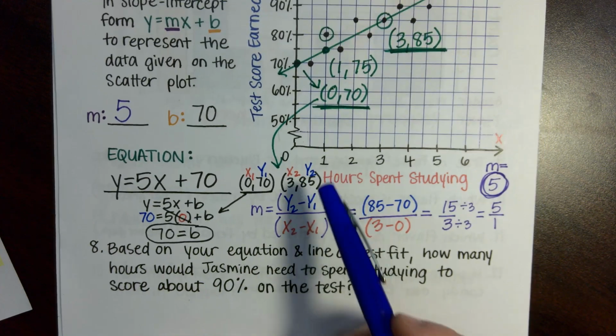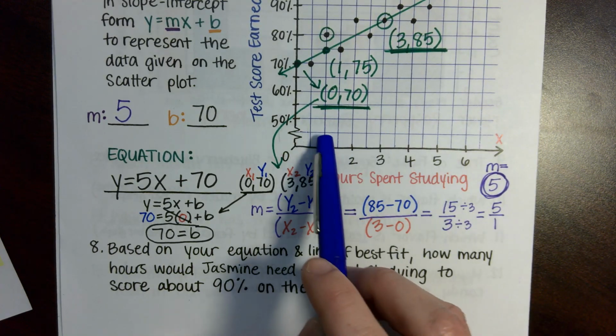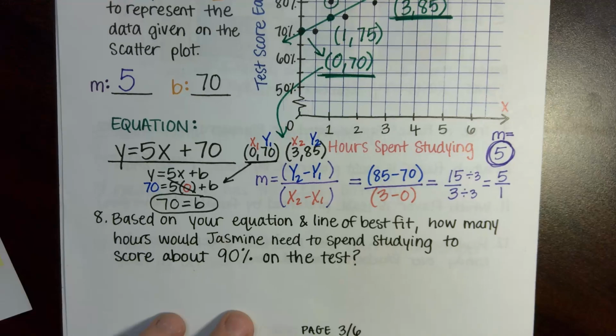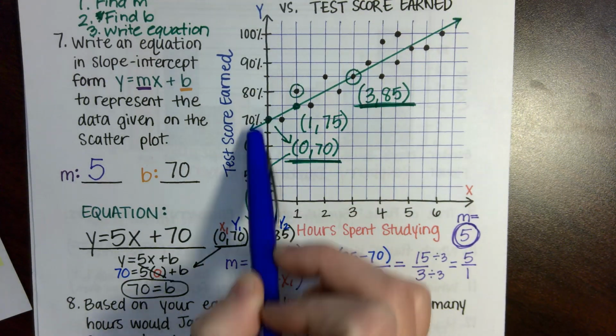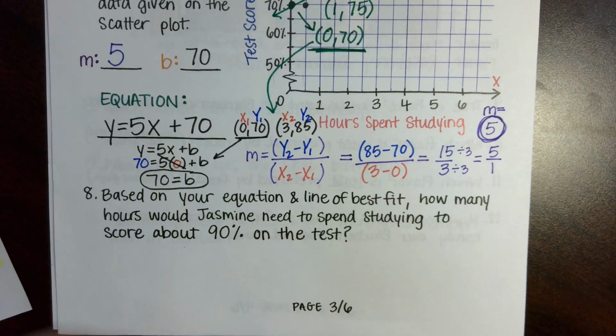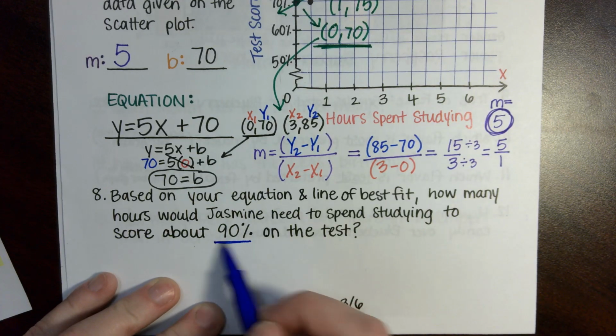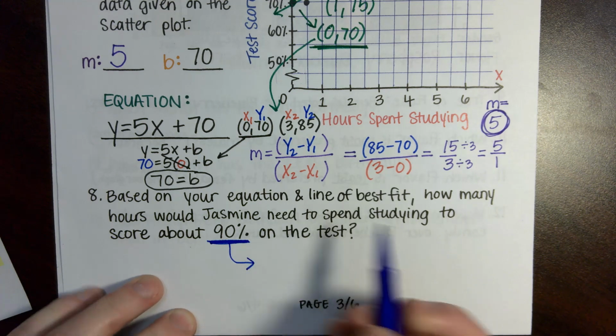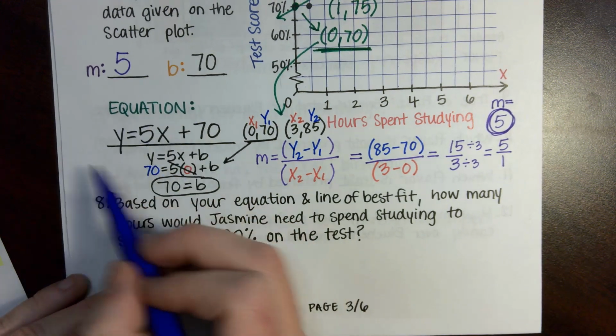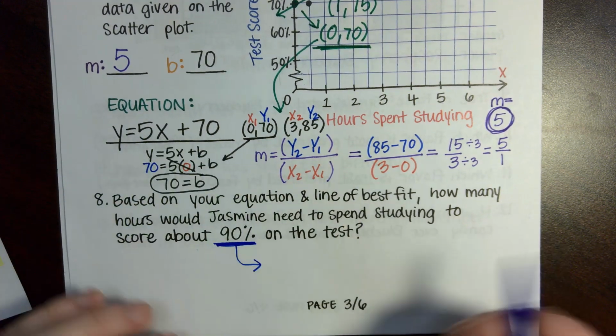Okay, so we can look at which variable represents each item. We know that the hours are on the x-axis. The test scores are on the y-axis. So she wants a 90%, so we can plug 90 into our equation that we found. We have a y and we have an x.